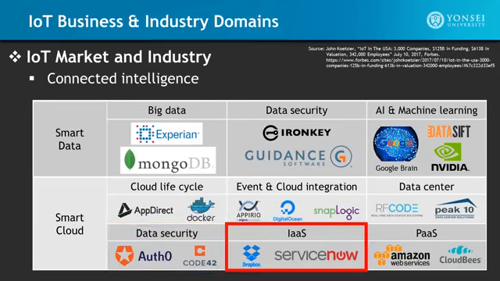IaaS, this is infrastructure as a service. In cloud computing, we have basically three fundamental service modes. That is this one, infrastructure as a service. The one on your right, which says PaaS, which we will soon talk about, is platform as a service. And then we have software as a service, SaaS. So IaaS is supporting what we're talking about as infrastructure.